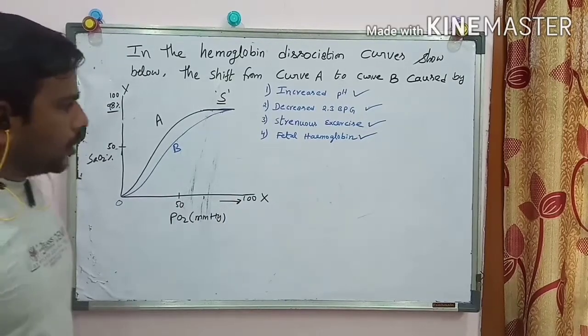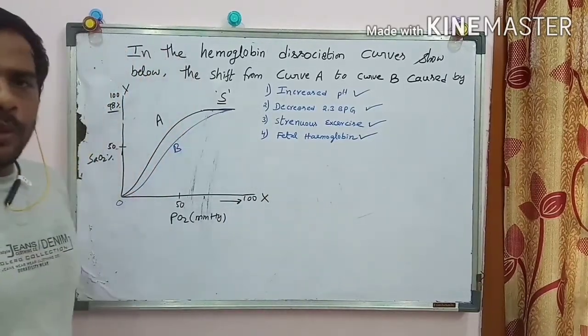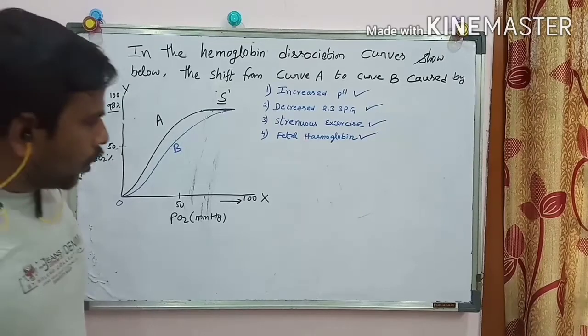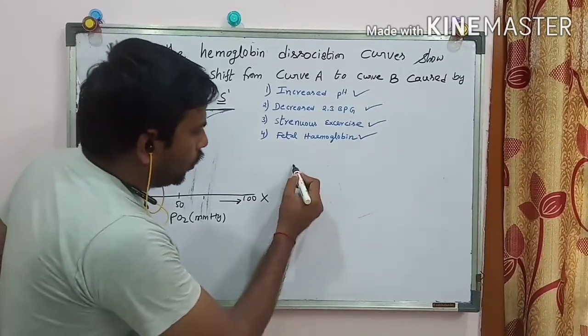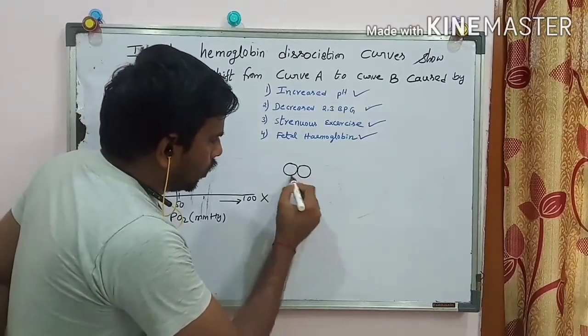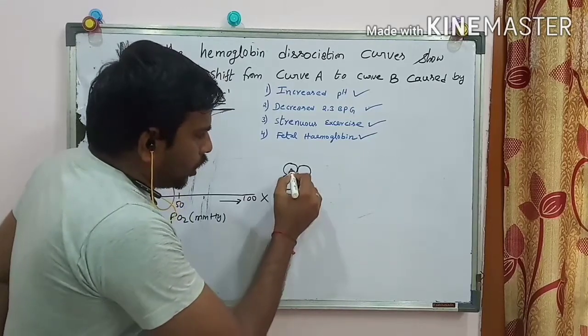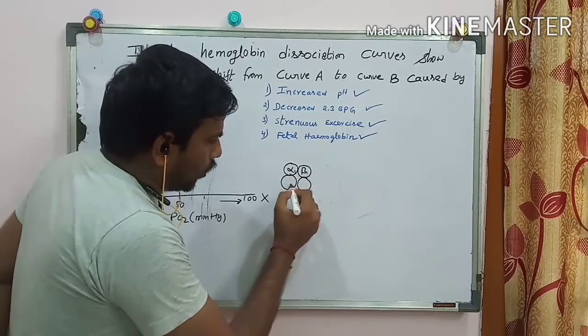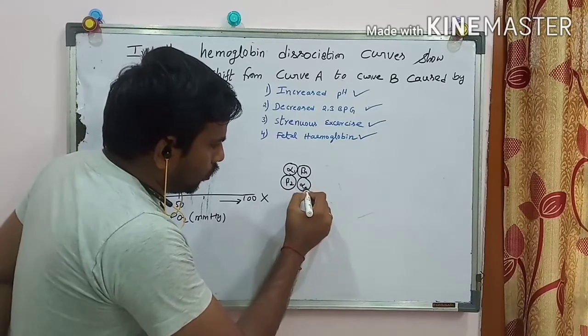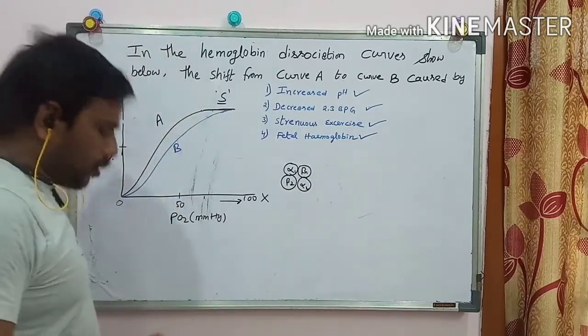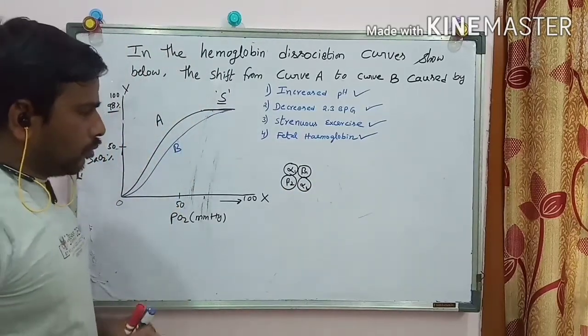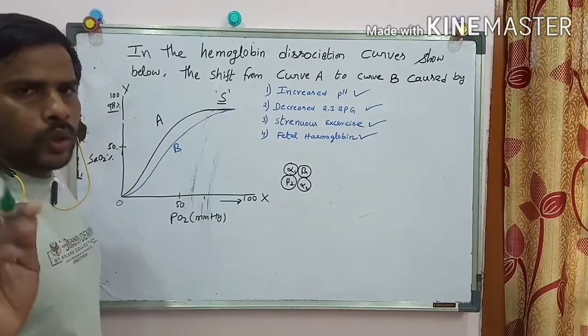This is because of the cooperative binding of hemoglobin molecules to oxygen. How does cooperative binding cause this? As you know, adult hemoglobin is made up of alpha 1, beta 1, beta 2, alpha 2. Now, the initial binding of an oxygen molecule to the hemoglobin is very difficult.